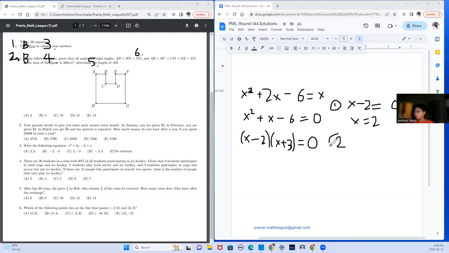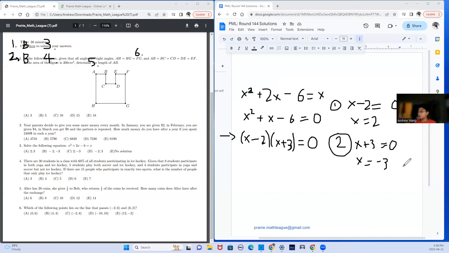The second one is if we take the other one, which is x plus 3, inside that bracket, and we set it to 0, this full equation also works. So x plus 3 equals 0, x would equal negative 3. So this has two solutions.